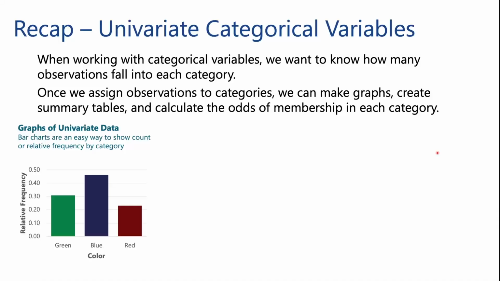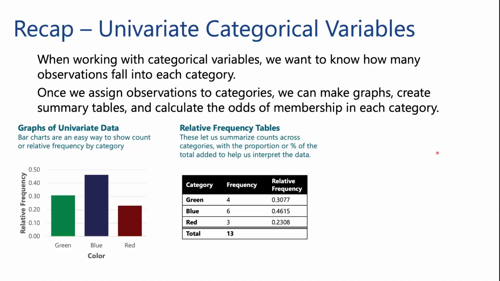This is a relative frequency graph with the category variable on the x-axis and the relative frequency on the y-axis. We covered relative frequency tables where we summarize counts across categories, including the percentage or proportion of the total, helping us interpret the data and understand how these categories compare to each other.